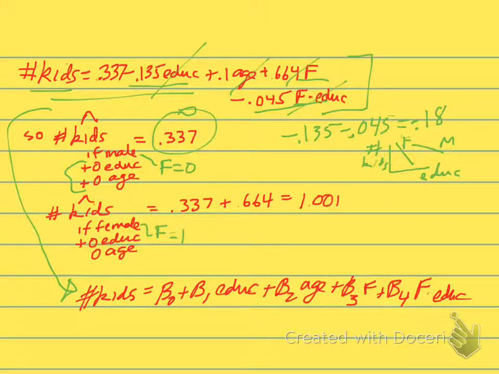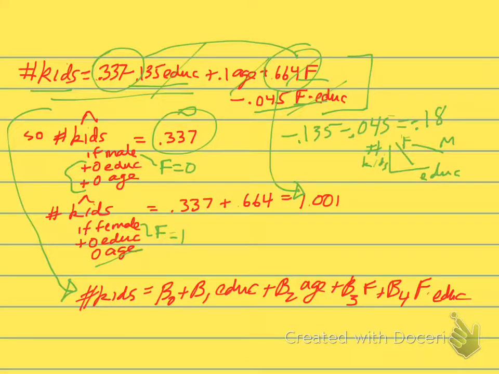And likewise, if education and age are equal to 0 but you're a female, then you've got 0.337 plus 0.664. So the predicted number of kids for a female with 0 education and 0 age is 1.001.